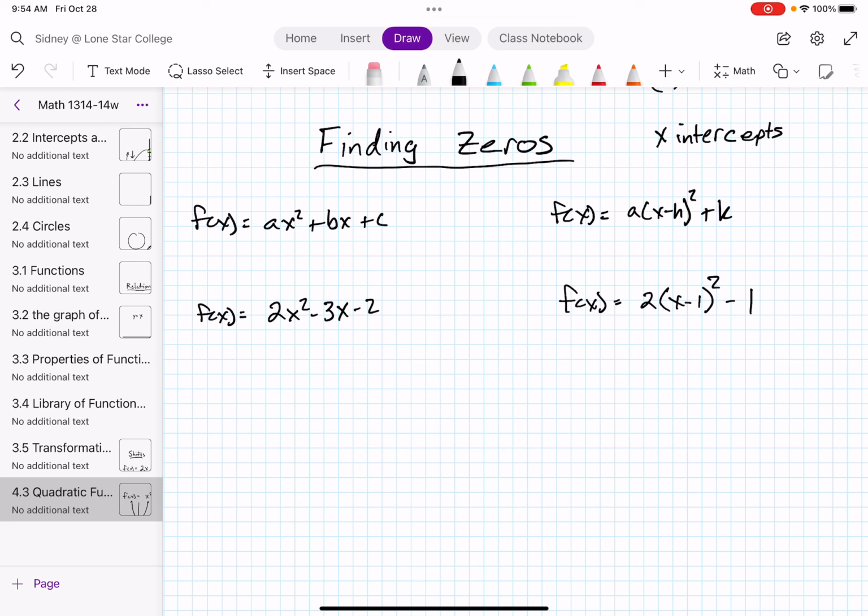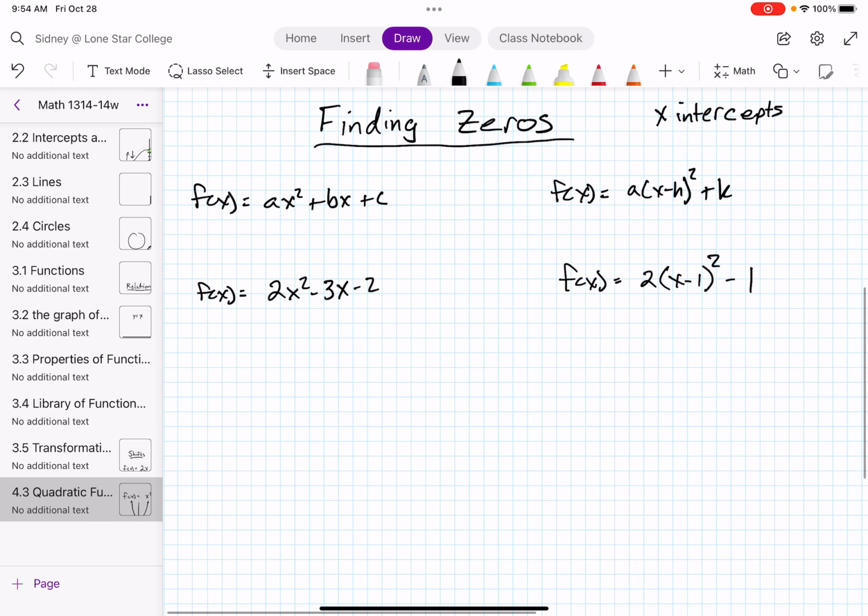Now, I'm going to do some examples both from ax squared plus bx plus c form and from vertex form, because how you approach these can vary. Now, we'll start with vertex form, and I have 0 equals 2 times x minus 1 squared minus 1. We're setting equal to 0, and so it's just an equation.